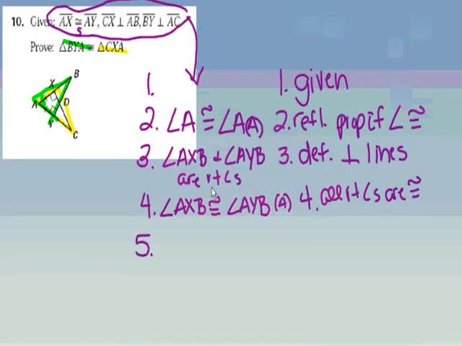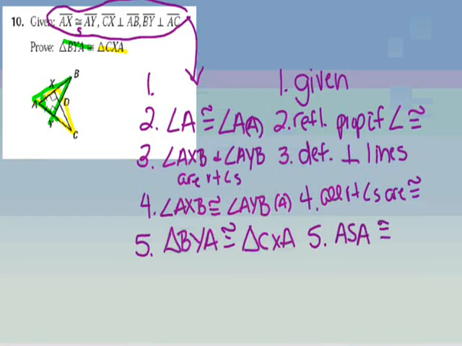All right, so now that we have proven angle and we've proven side and we've proven angle, we can go ahead and we can make our statement that triangle BYA is congruent to triangle CXA, and my reason for that is angle, side, angle, congruence. If you don't see that it's angle, side, angle, you can always go ahead and draw it.